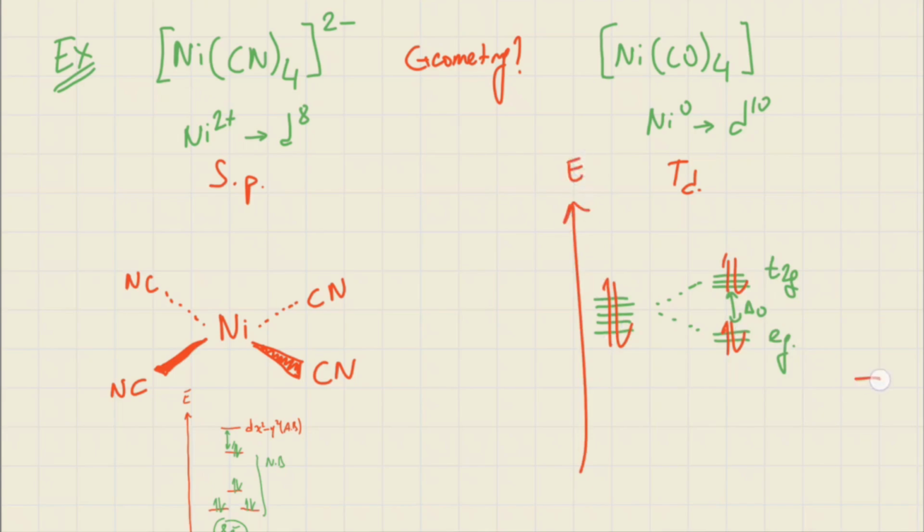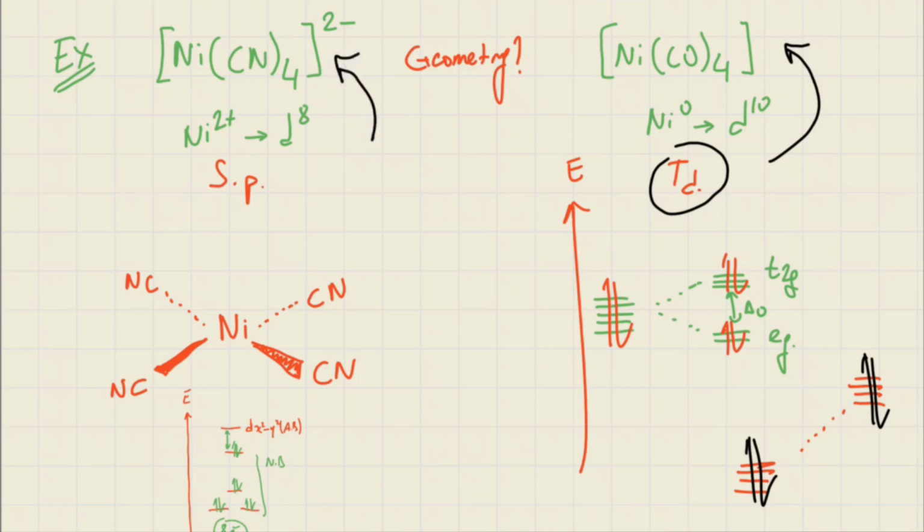And CO ligands can be put here, and they are also fully filled. So we expect to see a tetrahedral geometry for nickel CO4, and we expect to see a square planar for this complex.